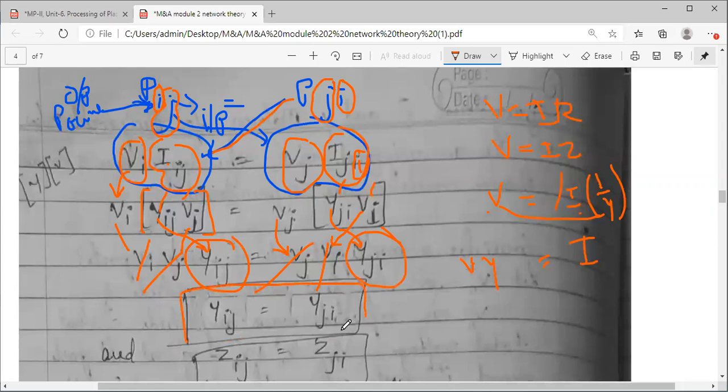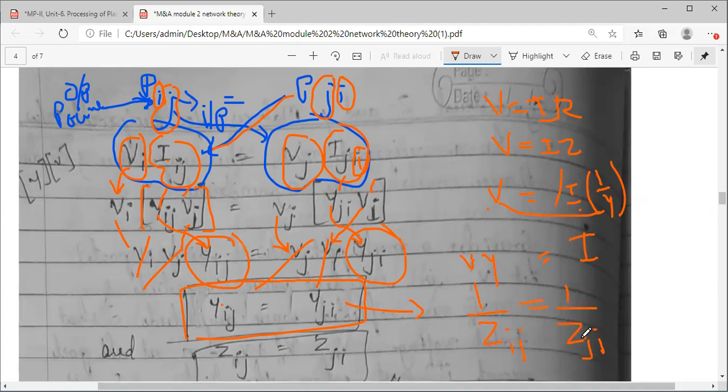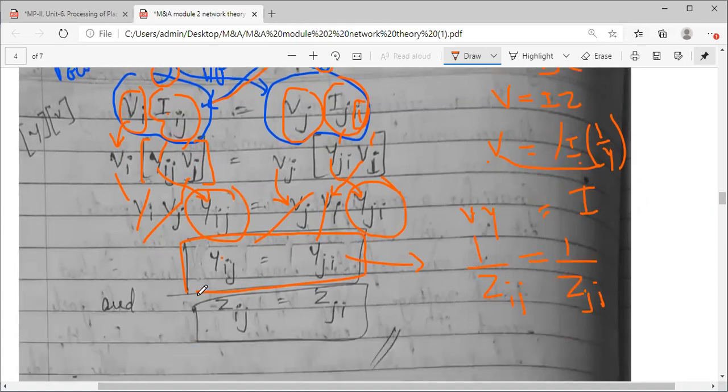So Yij is equal to Yji, and Y is admittance and impedance, they are both reciprocals. So you can substitute Y equal to 1 by Zij equal to 1 by Zji, or you can take both into the numerators, you will get this, right? So this is your symmetric property.